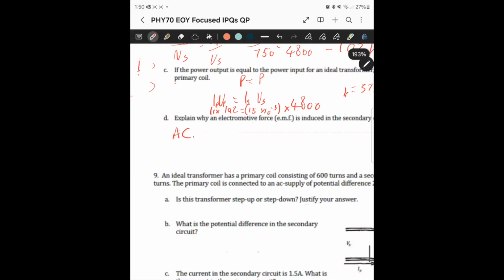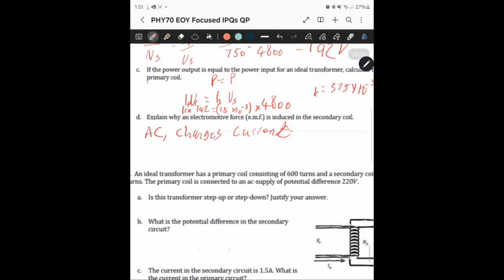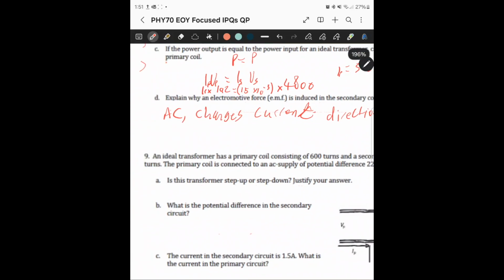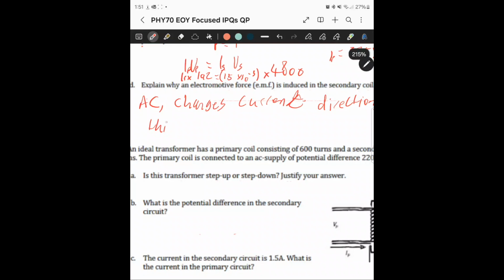So AC changes current direction. This induces an EMF. This means it's a change of flux, but I don't think you need to write too much.